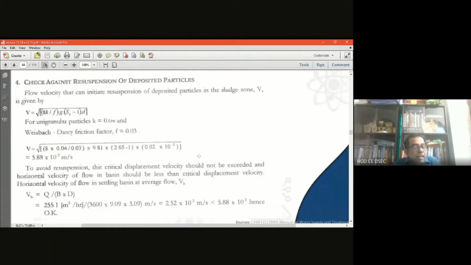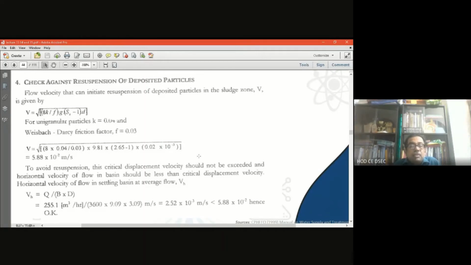Now last I am going to highlight that you have to check one velocity, so that the critical displacement velocity should not be exceeded.